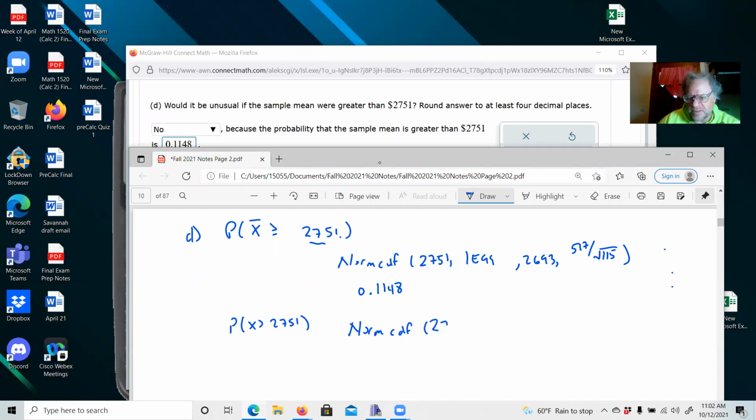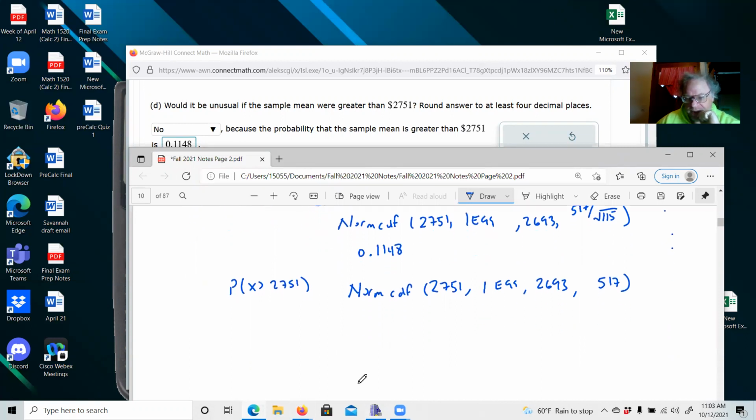We want 2751. I'll do the same thing. I need a big number. What was my average? It was still 2693, but my standard deviation now is 517. We don't have to divide because we're talking about a single person's apartment, not a group of 115.